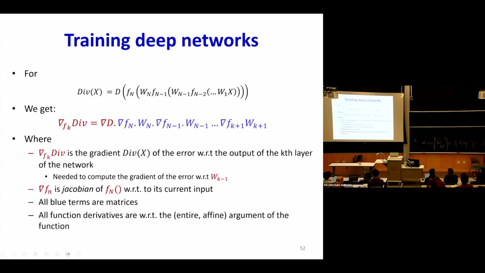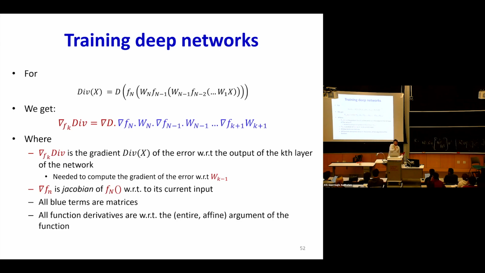So when I have a deep network of this kind, and then I'm computing a final divergence of the output of the deep network, I can write the derivative of this divergence with respect to any variable inside. So remember, when you're performing back propagation, you're computing the derivatives going back with respect to the output of every layer, right?